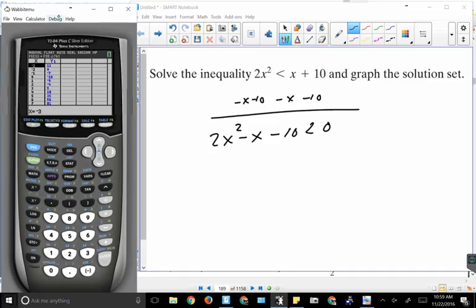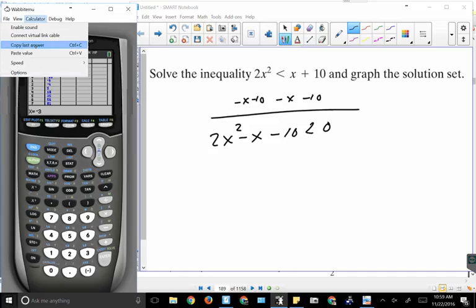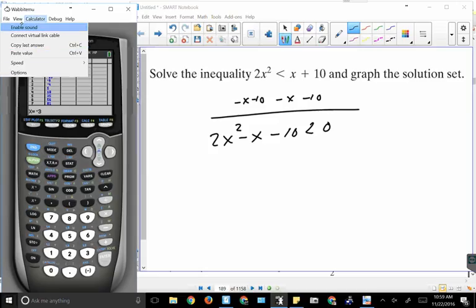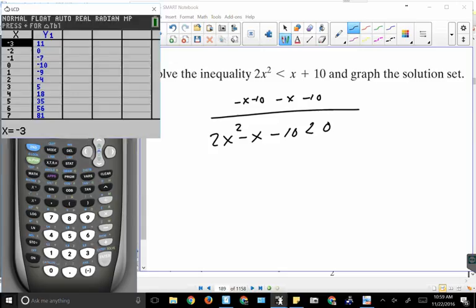The nice thing about taking a look at a table on the calculator is that when your zeros come up, great. We also know that there's going to be a 0 somewhere between -4 and 5.